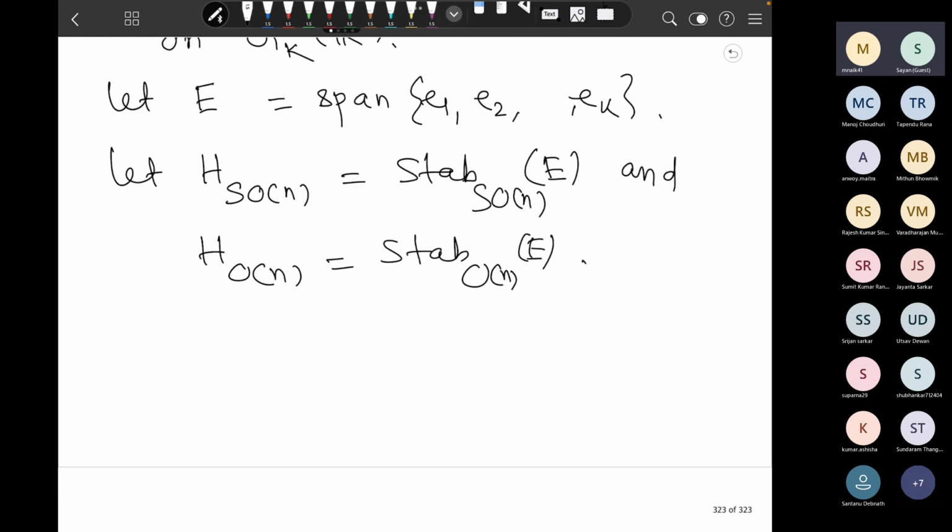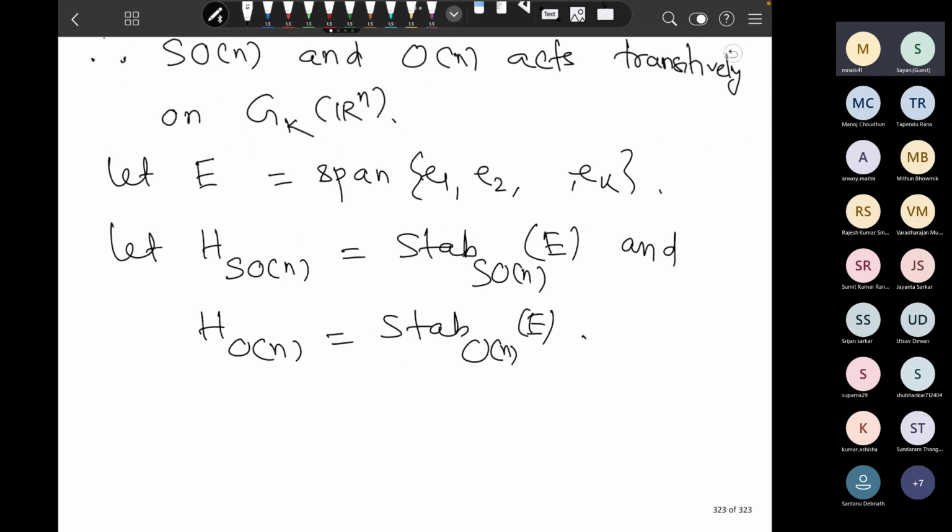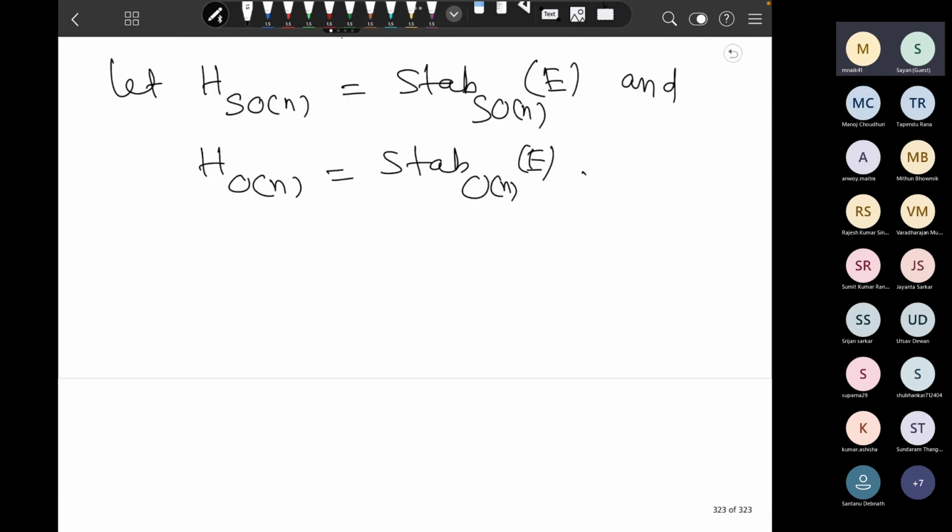So now let us use this. Let A belong to H(SO(n)). So A fixes this vector space E.